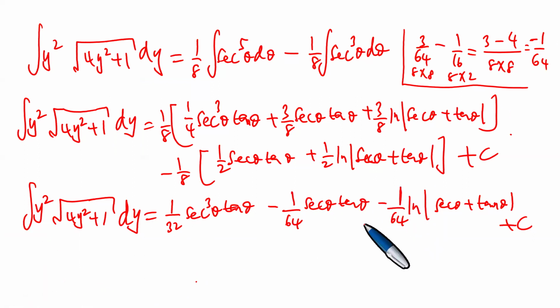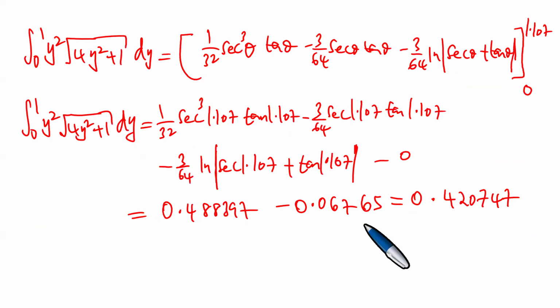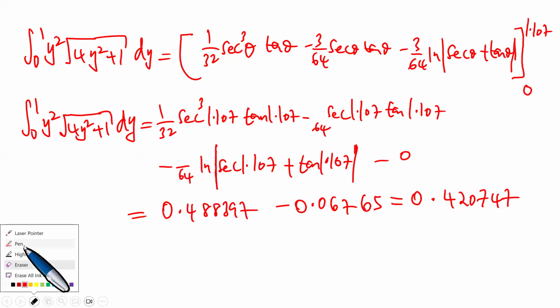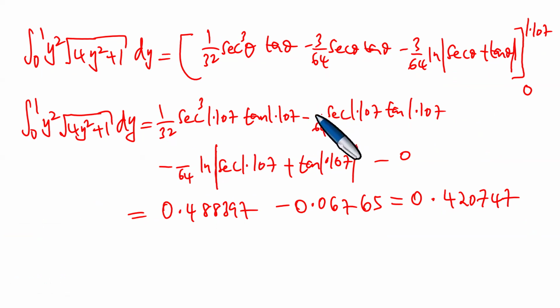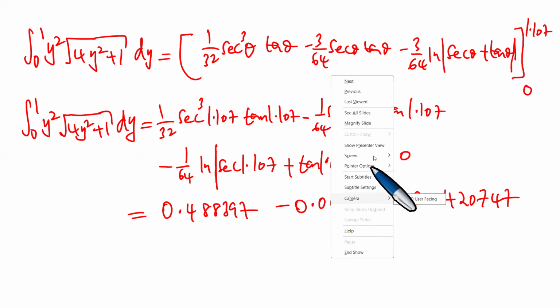Okay, right. Now you come to this. At this point, this one is 1 out of 64, and this one is minus 1 out of 64. So yeah, you then have to compute this.